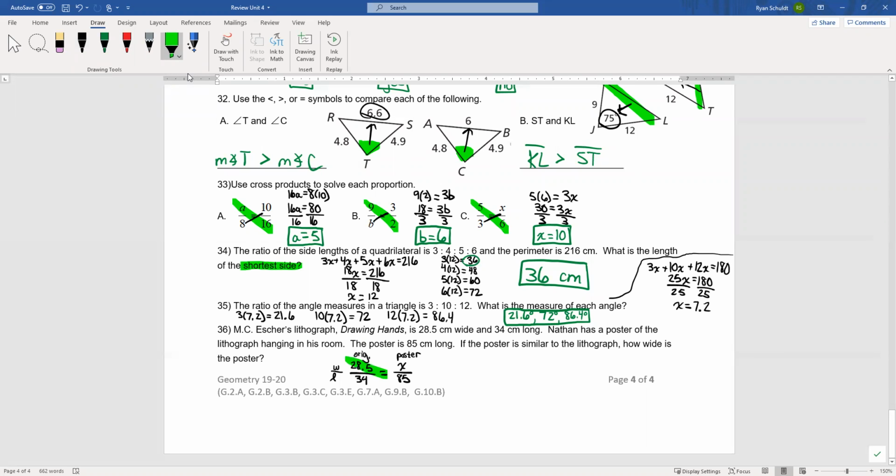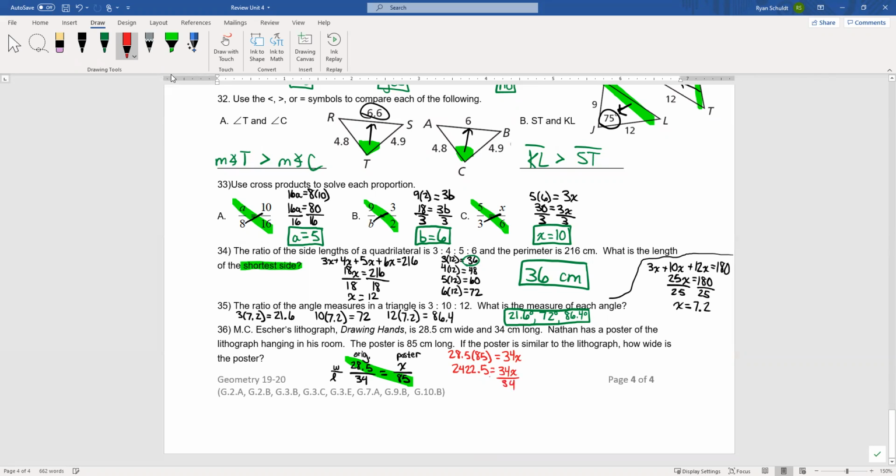So now we've got to cross multiply. 28.5 times 85 equals 34x. 28.5 times 85 is 2422.5 equals 34x.